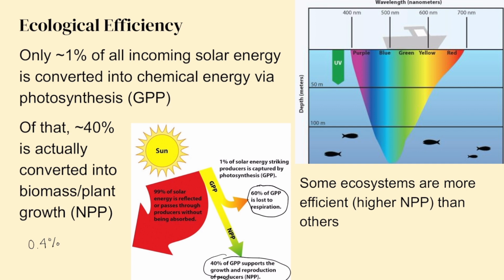If we look at this graph, these wavelengths of red light, once you get past 50 meters, which is this line right here, here's a really sad kelp right here, these producers can't even use this wavelength of light to perform photosynthesis. In general they might be able to use all of these wavelengths of visible light, but the further down into the ocean you get, less of this solar radiation is accessible to those plants. So they're a lot less efficient. They can use less solar energy.